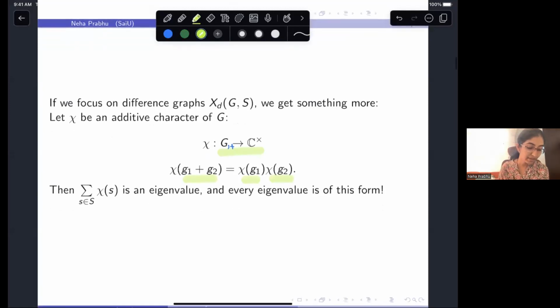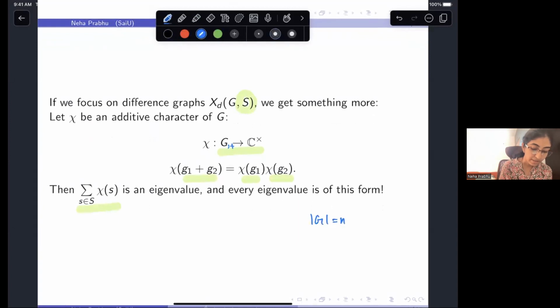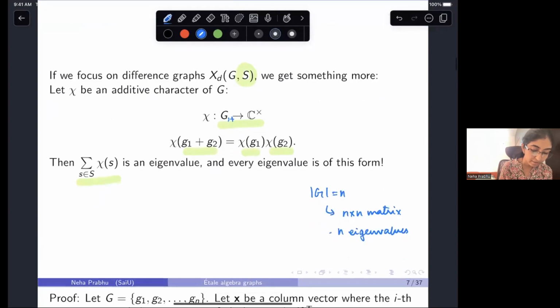What happens in this case? We remember we had taken this set S. You pick any character and you sum over the elements of S by applying chi to each element, and that becomes an eigenvalue. And every eigenvalue is of this form. If G is of size n, then you get an n by n matrix, so you have n eigenvalues, and each of them comes from a character: chi1, chi2, and so on till chi n.